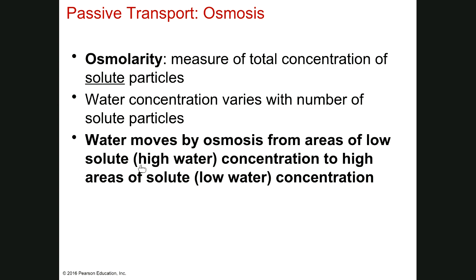Now you wouldn't be wrong in saying water moves by osmosis from areas of high water concentration to low water concentration. That's not incorrect, but I am going to discuss it in terms of solute concentration because it's going to be easier for you to define other terms that we're going to talk about in this PowerPoint.